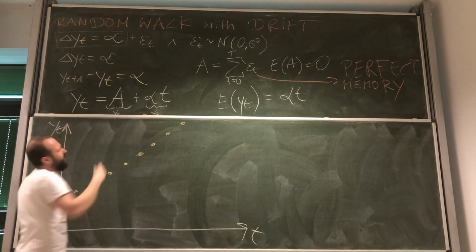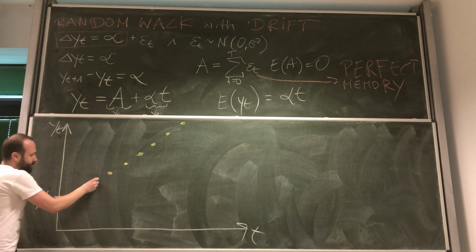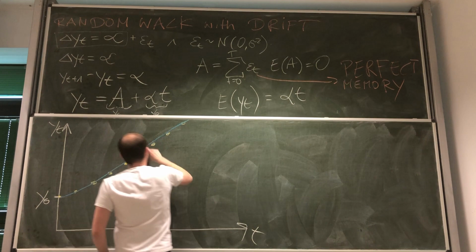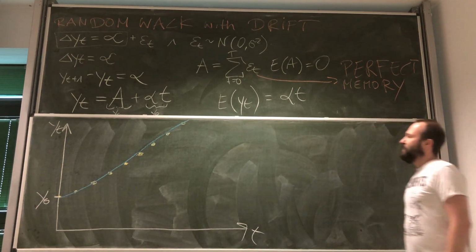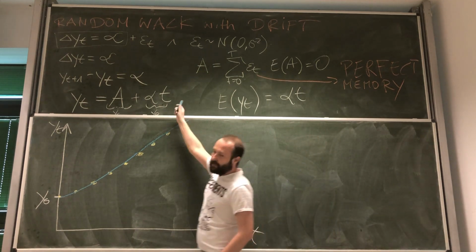Of course, assuming that alpha is positive, which is a common assumption with economic time series. And look, in this case, it's not a problem to just draw a straight line through all these points, right? This is our moving equilibrium. This is our trend.